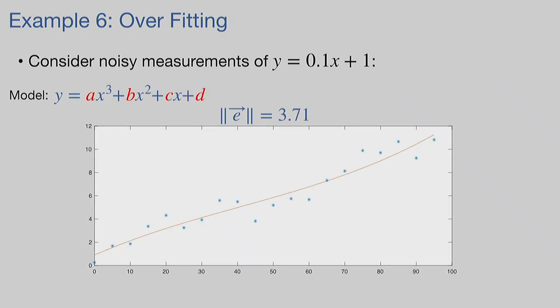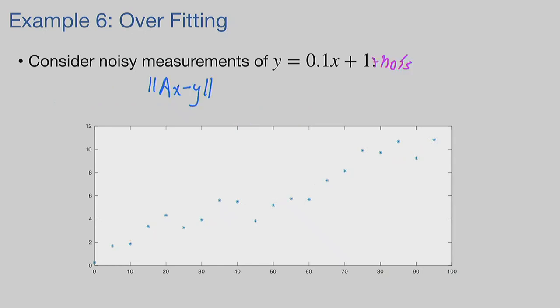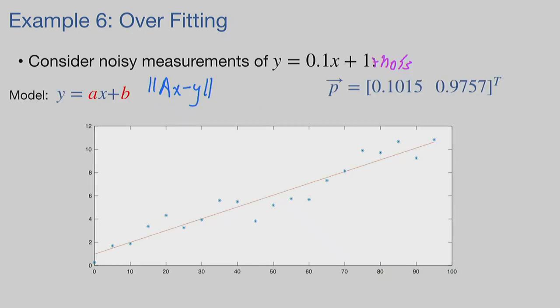So the other person says, oh no, the model is ax to the power 3 plus bx squared plus cx plus d. That's the right model. And this is the result. And to prove that was right, the error is now 3.71. Before, it was 3.85.